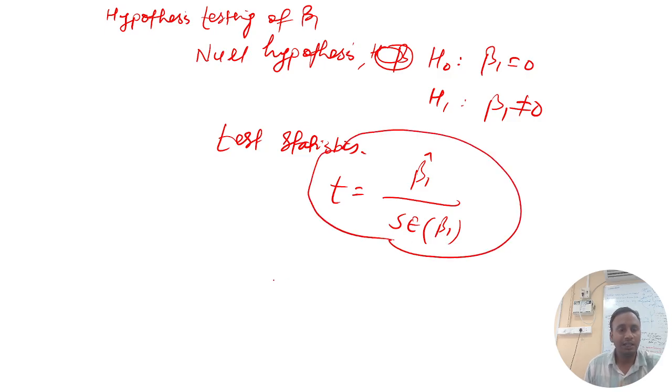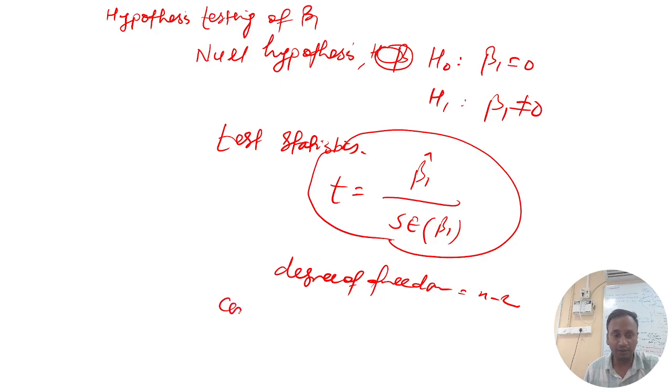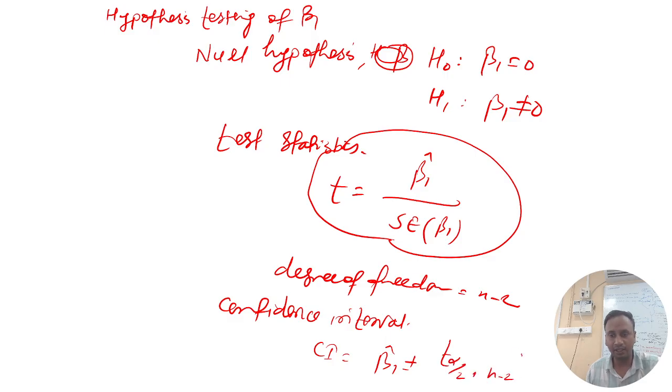Similarly, the degrees of freedom will be the number of samples minus 2, and the confidence interval will be beta 1 plus or minus t at alpha by 2 with the degrees of freedom times the standard error of beta 1. I think till here it's clear.